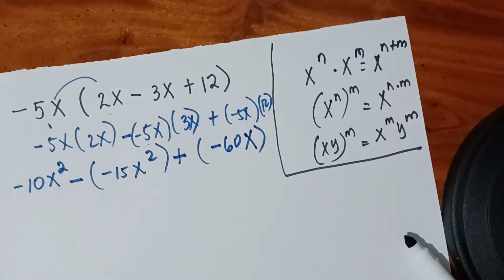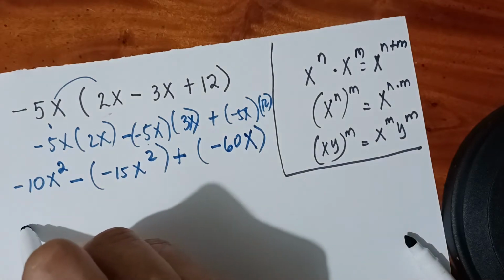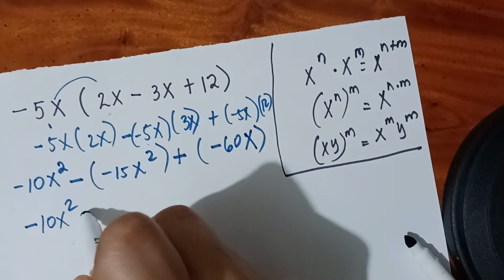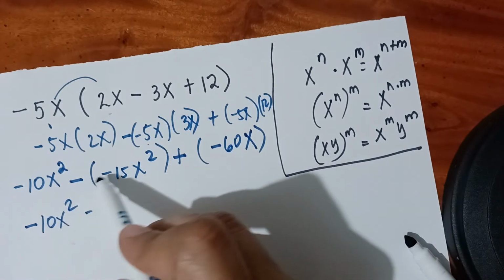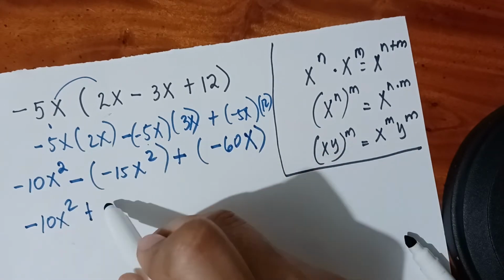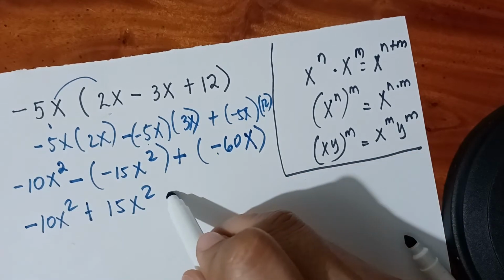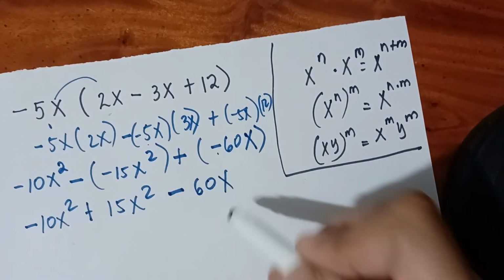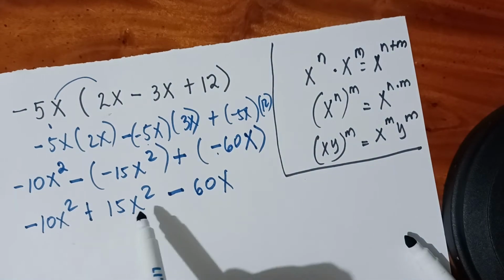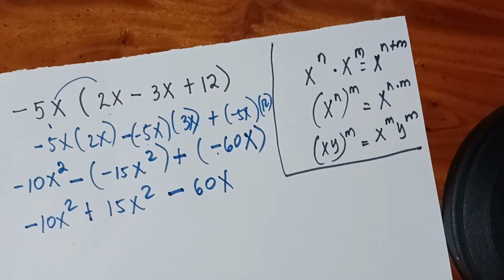Okay, so after that, ano ang gagawin natin? Let's try to simplify. Okay, so simplifying this, we'll get negative 10x squared, less negative, that will be positive 15x squared, negative positive, that will be negative 60x. So since pareho namang x squared yan, pwede nating i-combine. Combining like terms tayo.